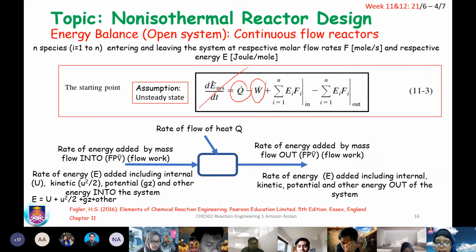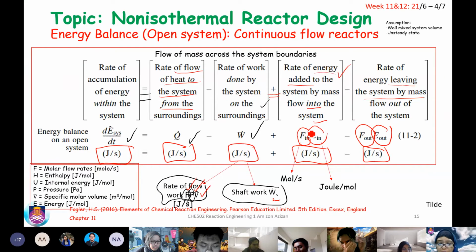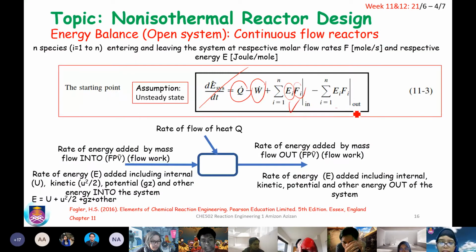Here in this case, we have F_i0 E_i0, the same thing as you have here, inlet and then outlet. Then take note, we have i here, generally to refer to the type of species.